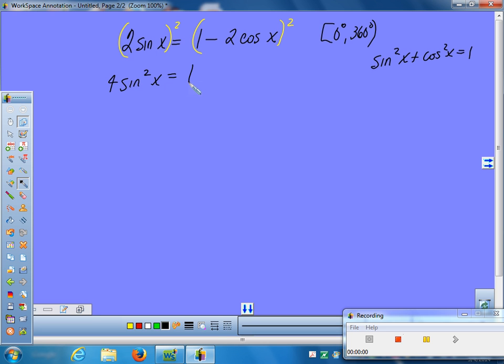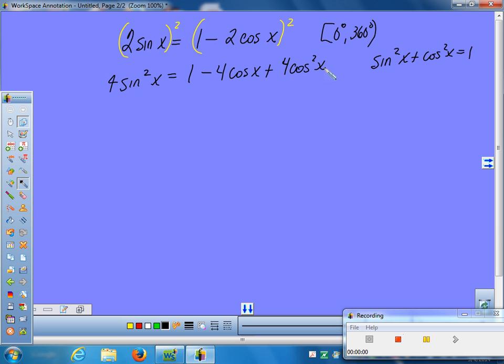Outsides and insides are going to be the same, so it's minus 4 cosine x, because it's a negative 2 cosine x twice. Plus, I got to square the last one: 2 cosine times 2 cosine will be 4 cosine squared.